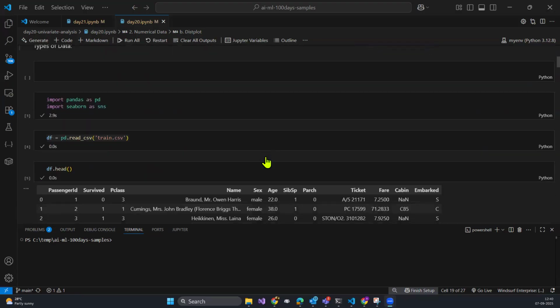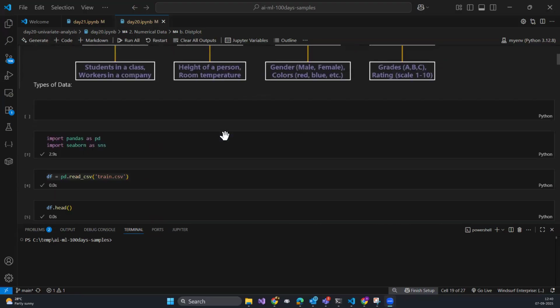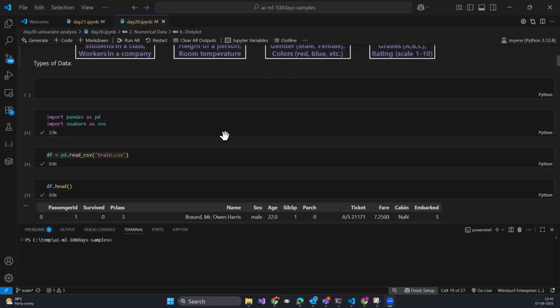So, based on the data types in any given dataset, we will have many columns, and we can perform analysis over all the dataset columns and their data. But mostly, what we do is perform analysis on a particular column.